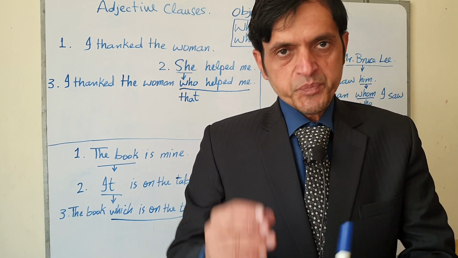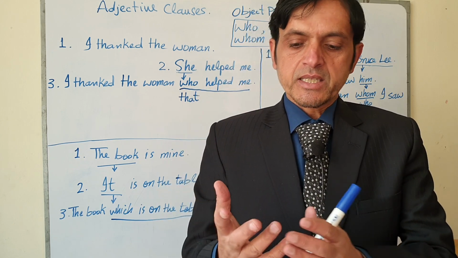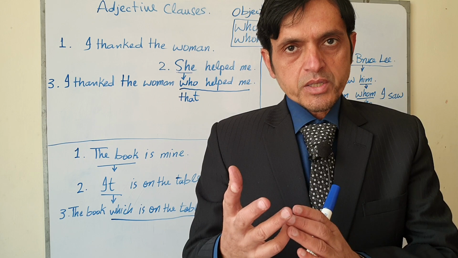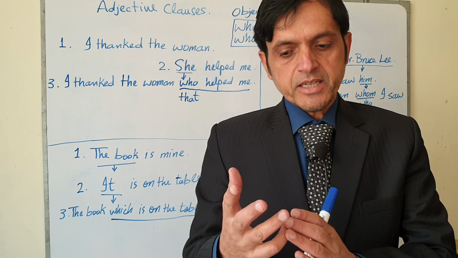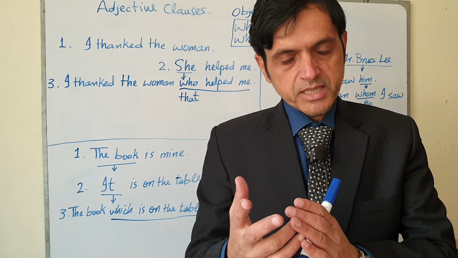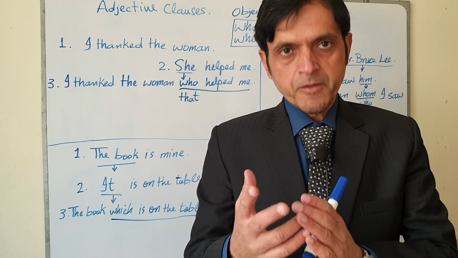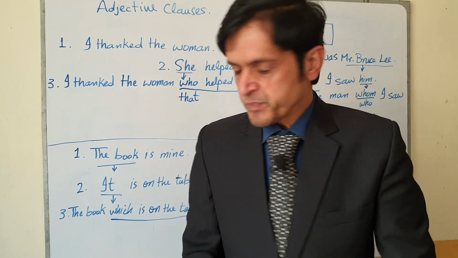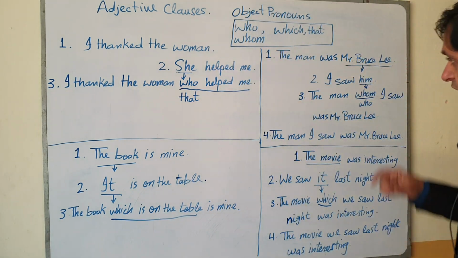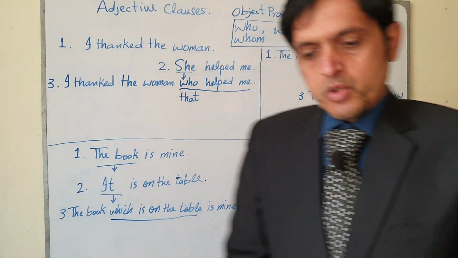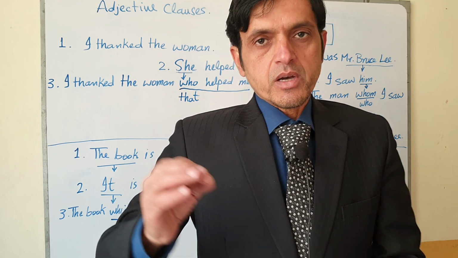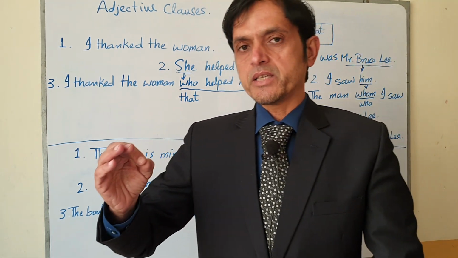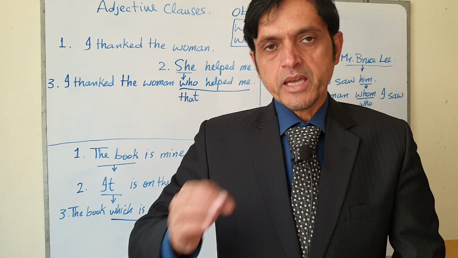In this way, you should keep in mind that a dependent clause is not a complete sentence and an independent clause is a complete sentence. By the way, both of them are clauses. Another point: all independent clauses are complete sentences and they can be written alone.